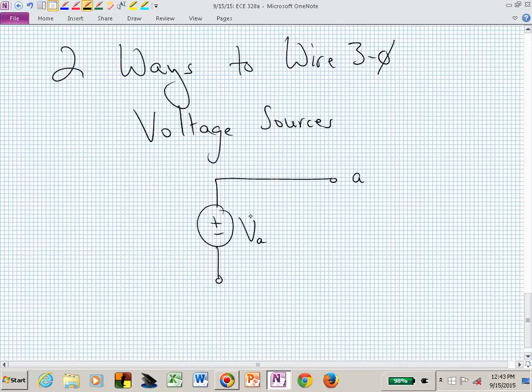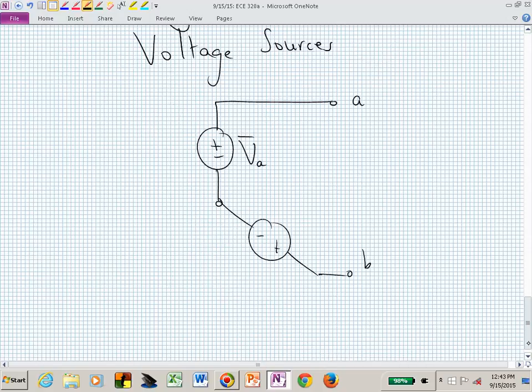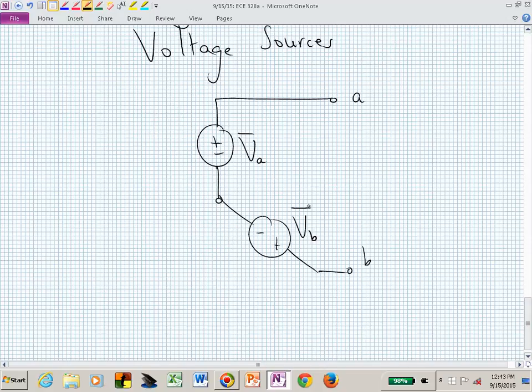This is now V sub A. The B phase, and I'm trying to draw this so that you see where the Y might come from. Here's the B phase. And then we have the C phase.